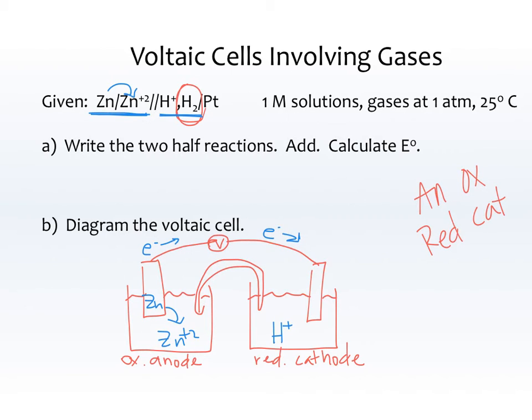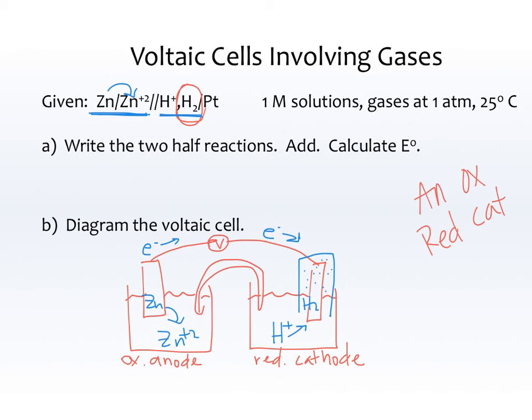Well, H2 is a gas, it's not a metal. So it's not like I have an H2 metal chunk sitting here. That doesn't even make sense. How can I have an H2 metal chunk? So instead, what I have is some sort of cup, an upside down beaker or something that a wire can go through. So then that hydrogen turns into H2. The H2 is little bubbles of gas.